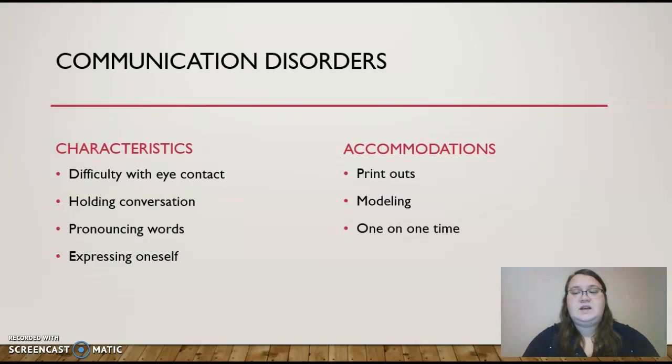That one-on-one time will allow you to build trust with that child, and also lets them know that you're there for them so that they can easily express what they're feeling without being judged or mistreated by other students.